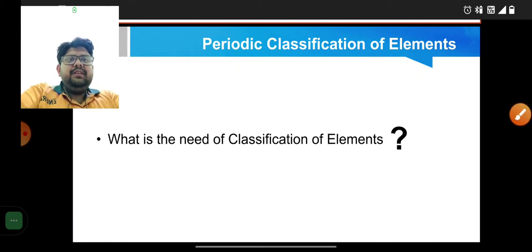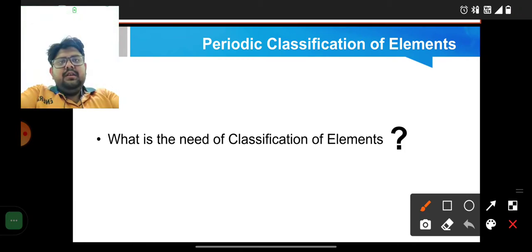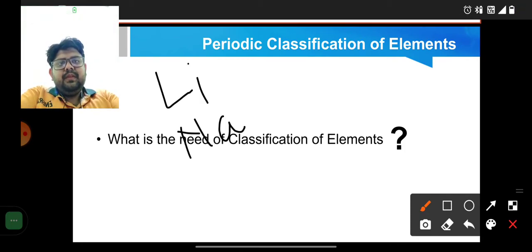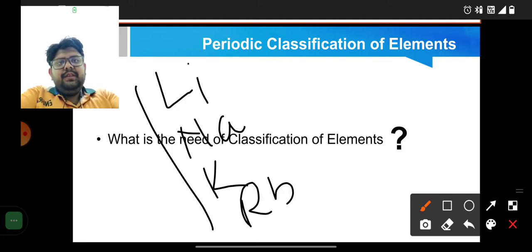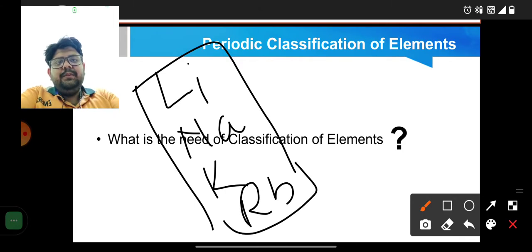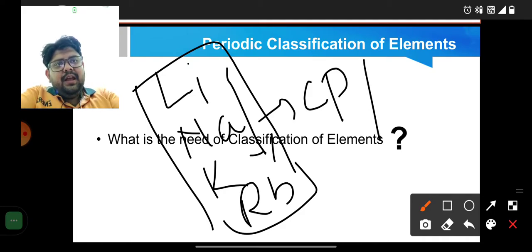To clarify this, I want to take an example of 4 elements, that is lithium, sodium, potassium and rubidium. Scientists placed these 4 elements in one group based on similar chemical properties and physical properties.